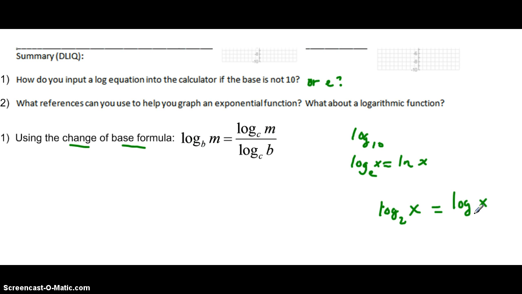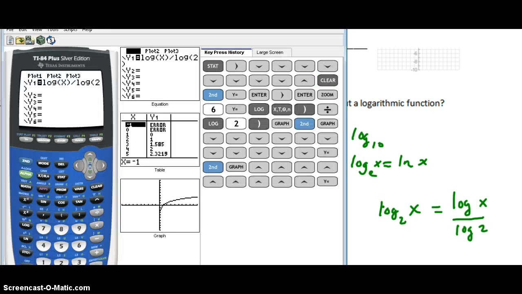The calculator just assumes that, and that's what it's going to use for the common log, over log base 2. Okay, so we're just using this one. It's the big number over the base. So log of the big number over the log of the base. So you put that in the calculator that way, log of x divided by log of 2.